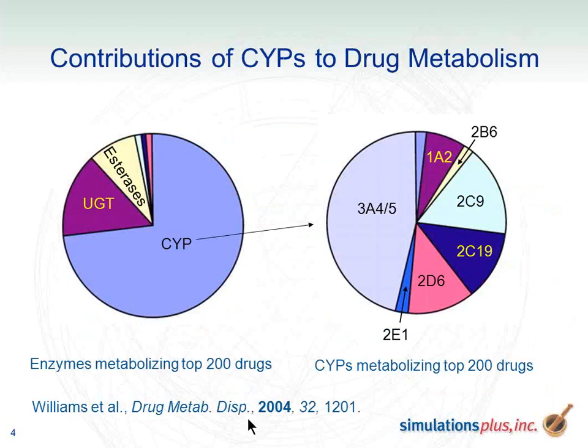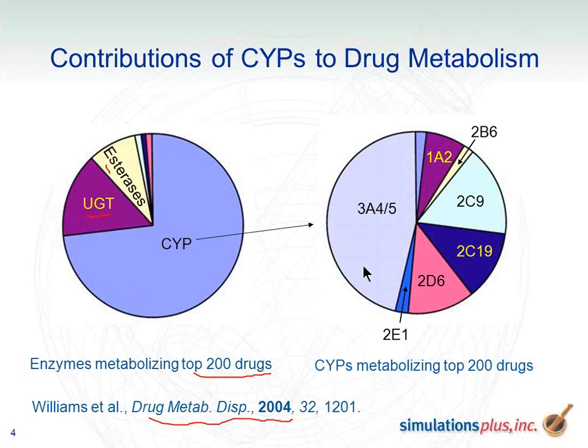In 2004, in Drug Metabolism and Disposition, this publication illustrated the enzymes metabolizing the top 200 drugs. So here you can see that about 3/4 of the metabolism is due to cytochrome P450, a little bit lesser extent from UGTs, and a smaller extent from esterases.